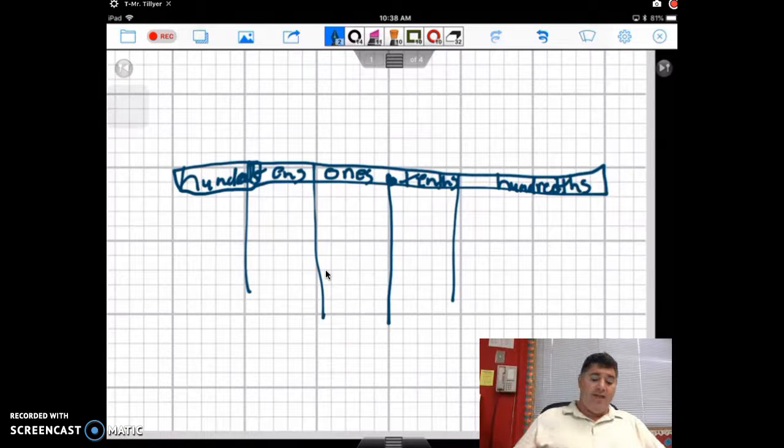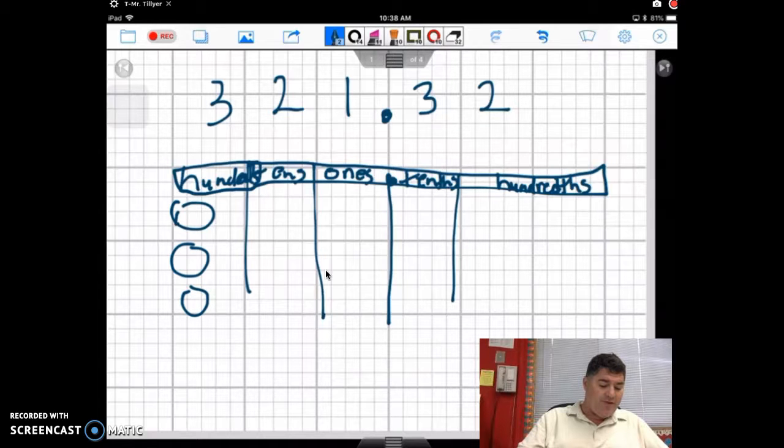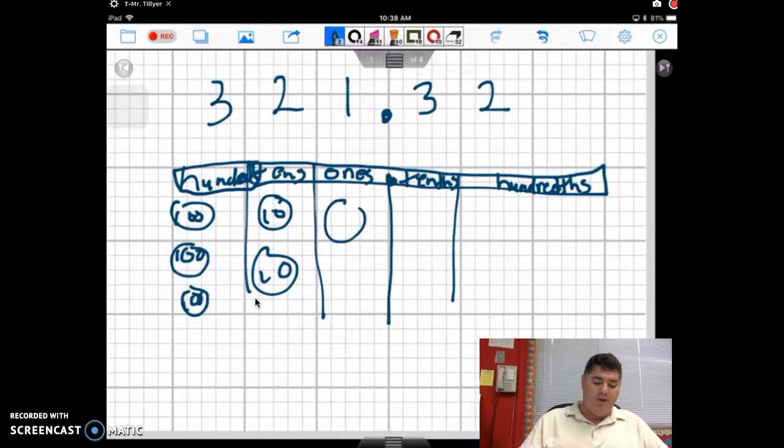So, let's say we have the number 321 and 32 hundredths. If we wanted to put place value discs there, we'd have 3 hundreds, 1, 2, 3, and then 2 tens, and 1 one.